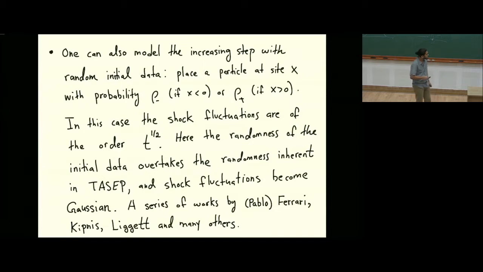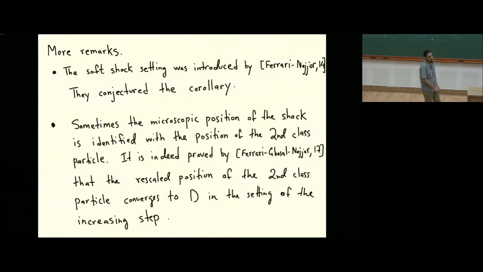In this case, you still have a shock macroscopically, but the shock fluctuations are no longer t to the 1/3; they become of order t to the 1/2. The reason is that this random initial data fluctuates on scales of t to the 1/2, and that overtakes the t to the 1/3 fluctuation of actual TASEP, which is the dynamical fluctuation. In that case, the shock fluctuations become Gaussian as opposed to Tracy-Widom. So what you were thinking about was probably the difference of 2 Gaussians as opposed to the difference of 2 Tracy-Widoms.